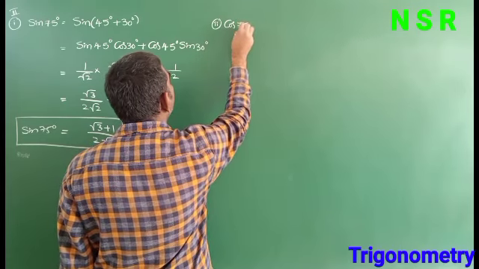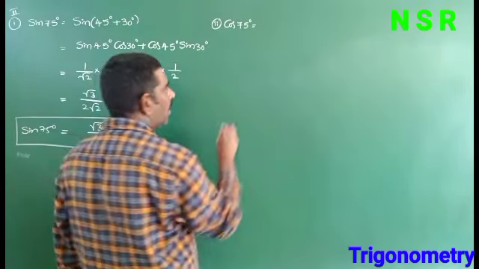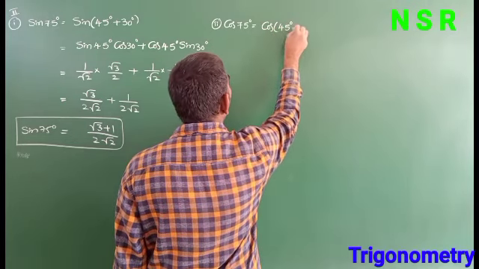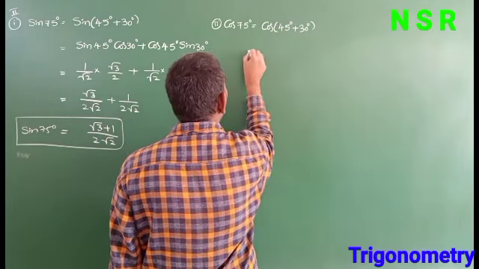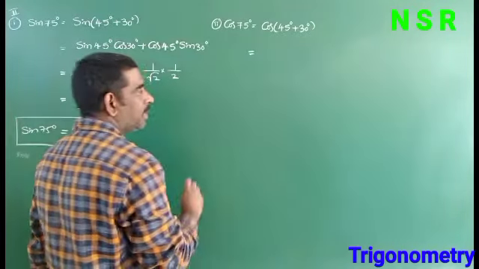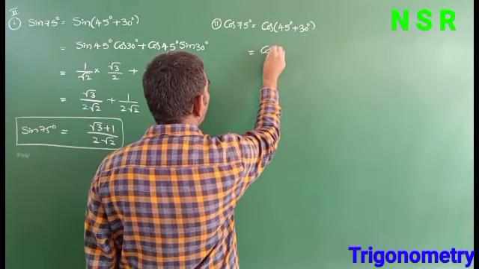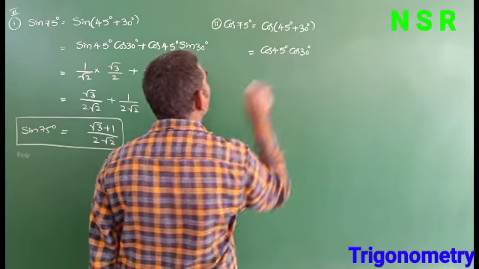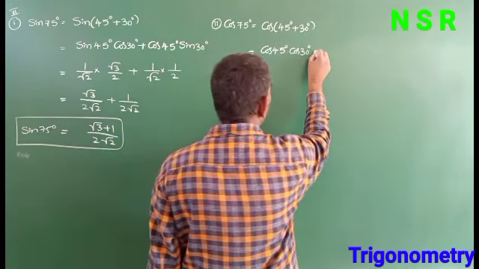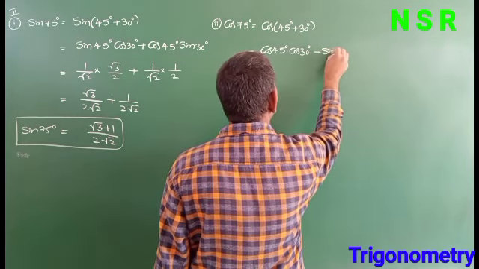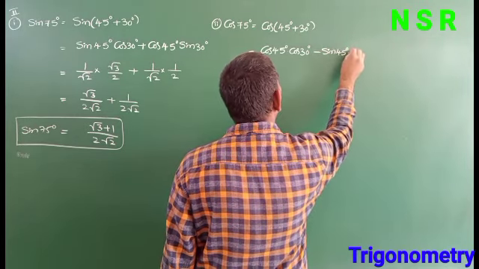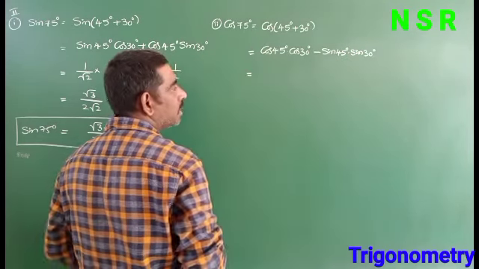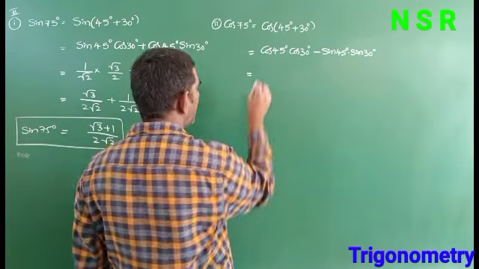Next cos 75. So cos 75 we can write as cos(45 plus 30). So cos(a plus b) we can write as cos a cos b minus sin a sin b.